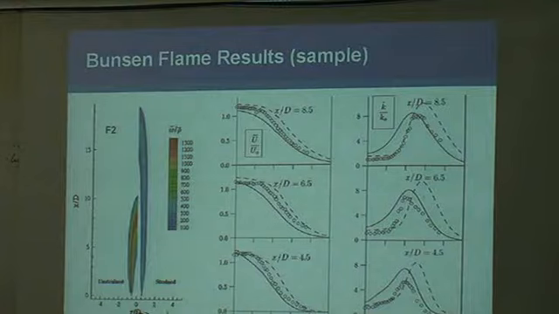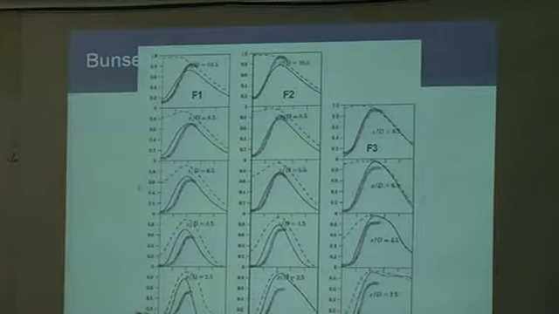And these are the typical comparisons for the mean velocity and mean kinetic energy as computed. Here what we see is the normalized temperature. In the previous slide I made a statement that the unstrained flamelet is burning too quickly. That means the temperature in the centerline will rise very quickly.